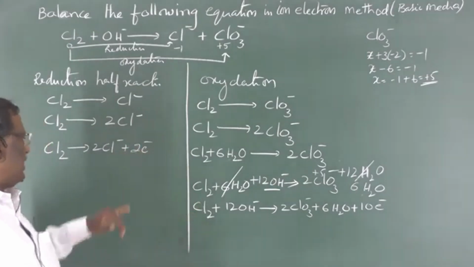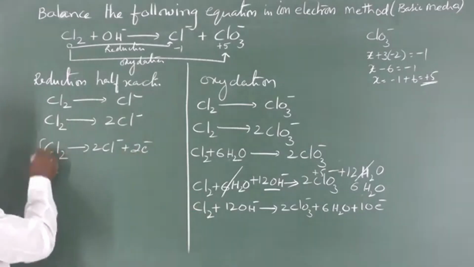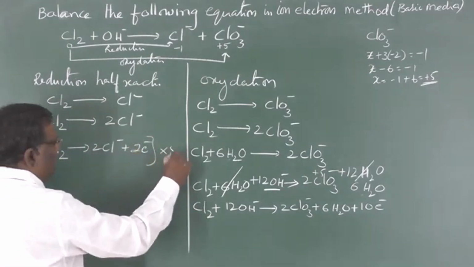Now electrons should balance. Here only 2 electrons, there 10. So this whole thing should be multiplied with 5.